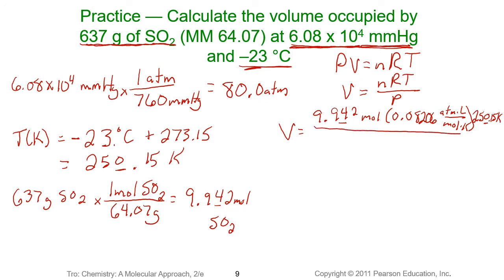All of this is divided by the pressure of 80 atmospheres. So if we solve this, we see that the volume is equal to 2.55 liters of SO2.